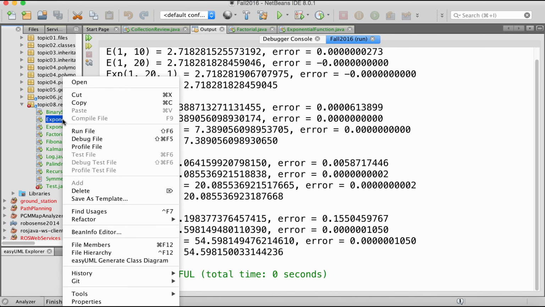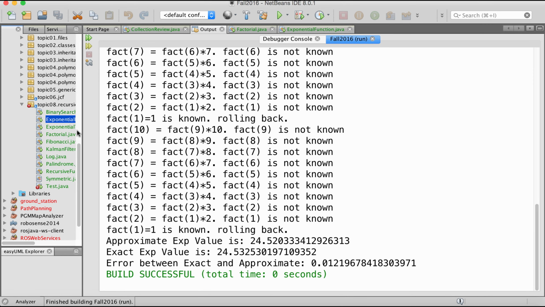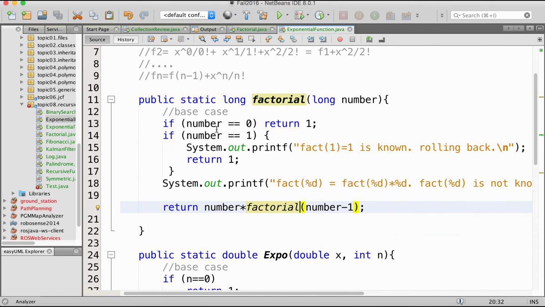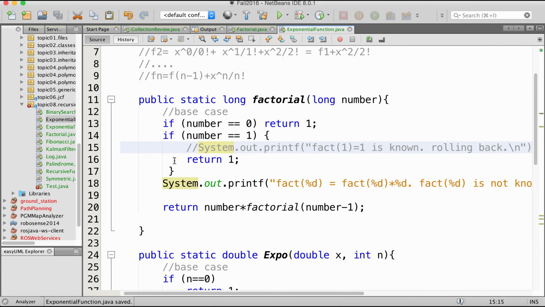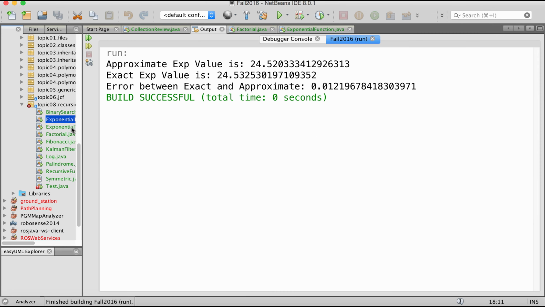No, it's not, it's this one. You can see now. I think I have to disable this one because I don't need it. Now I'm going to execute. The approximate value is this, and the exact value is this one, and this is the difference.